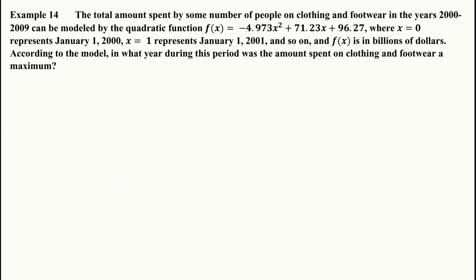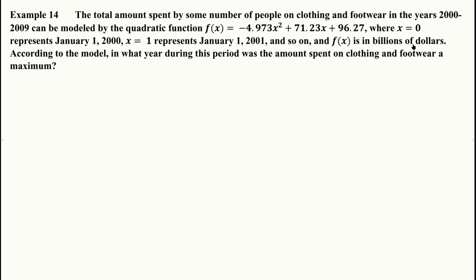Here's one last one for the road, right? The total amount spent by some number of people on clothing and footwear in the years 2000 to 2009 can be modeled by the quadratic function f of x equals this expression right here, where x equals 0 represents January 1st, 2000, x equals 1 represents January 1, 2001, and so on.